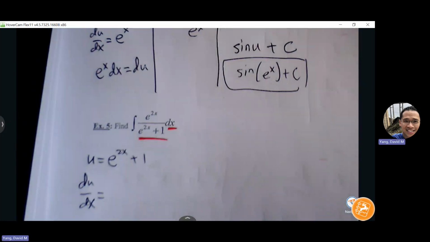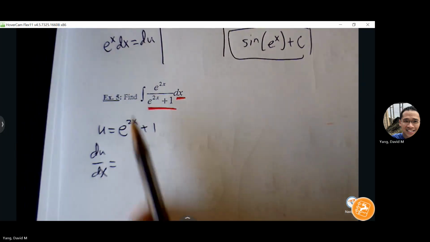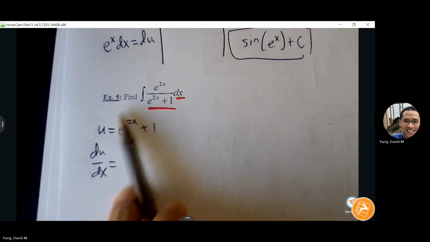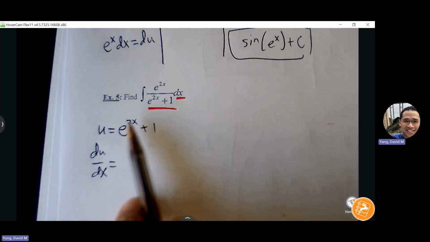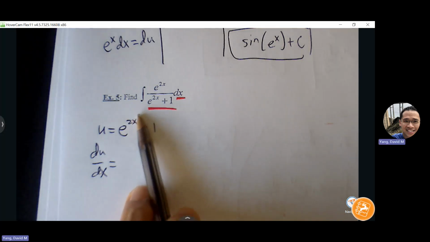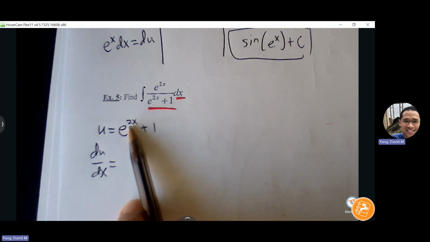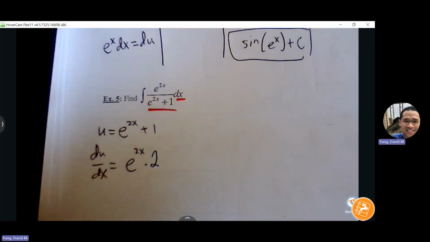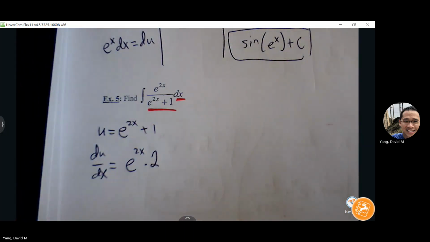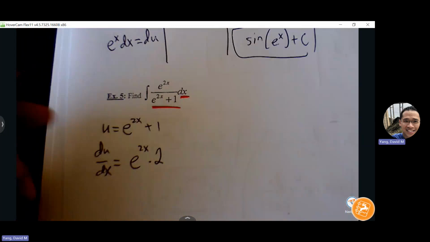Okay, what's the derivative of e to the 2x? Yeah, remember the rule for e to the u is e to the u times u prime. So there's that leftover times 2, right? And then the 1 goes to a 0, right?